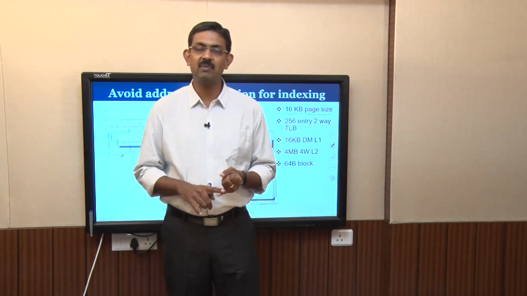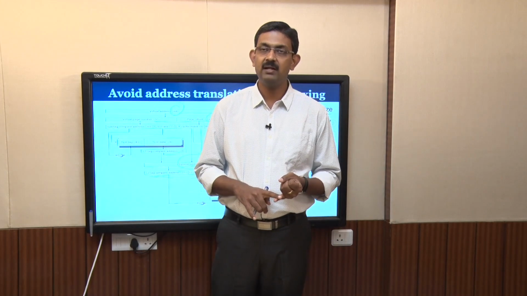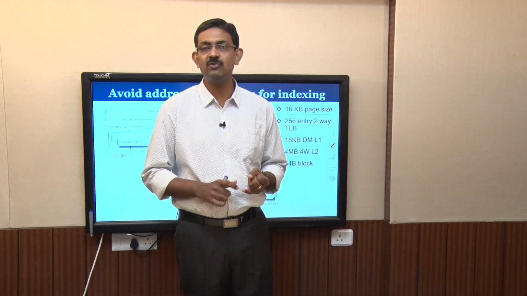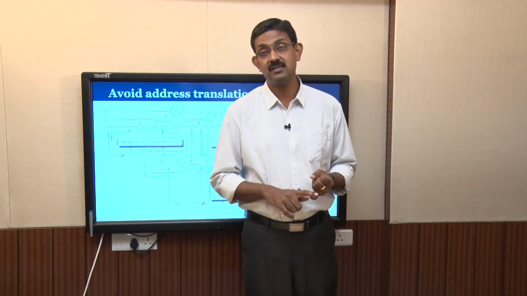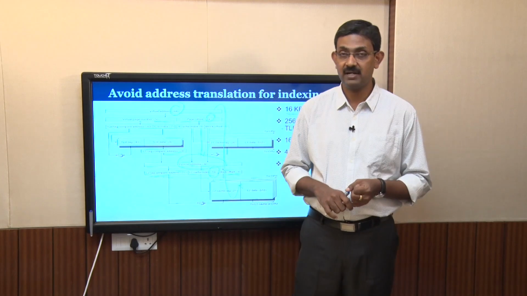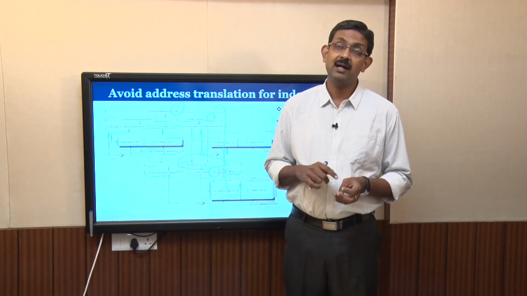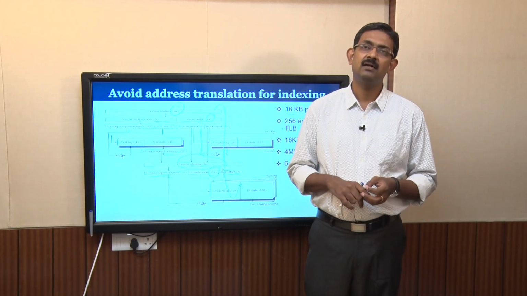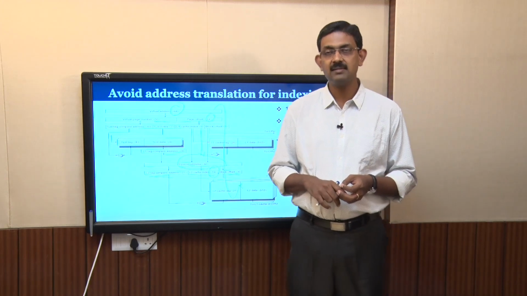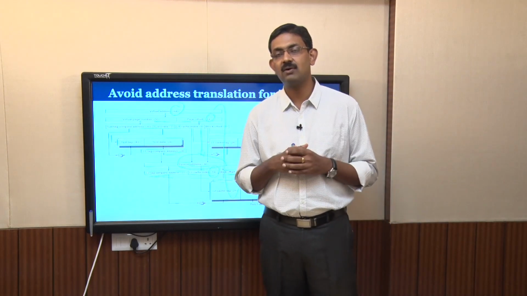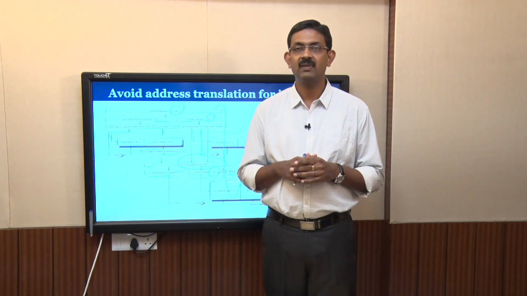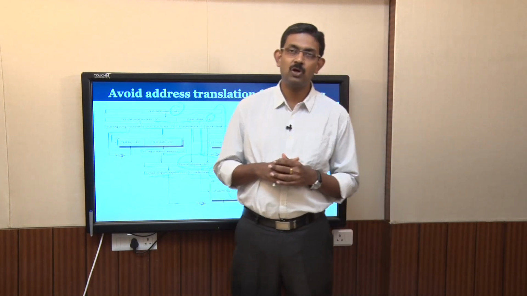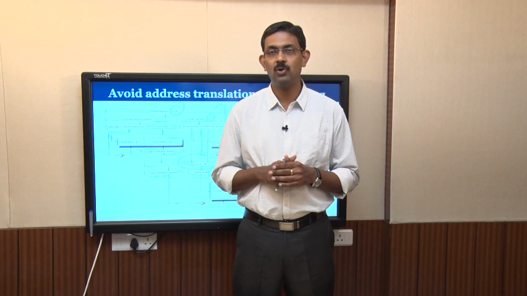The first technique is having multi-level caches, wherein the L1 cache is kept small and simple enough to have better hit time, and L2 caches are kept large enough such that you could reduce the L2 miss rate. The other technique is prioritizing read misses over writes, and the last technique is trying to reduce hit time by avoiding address translation.